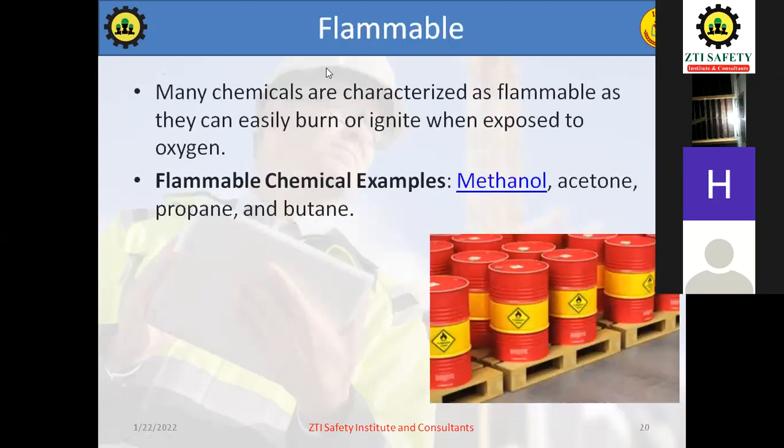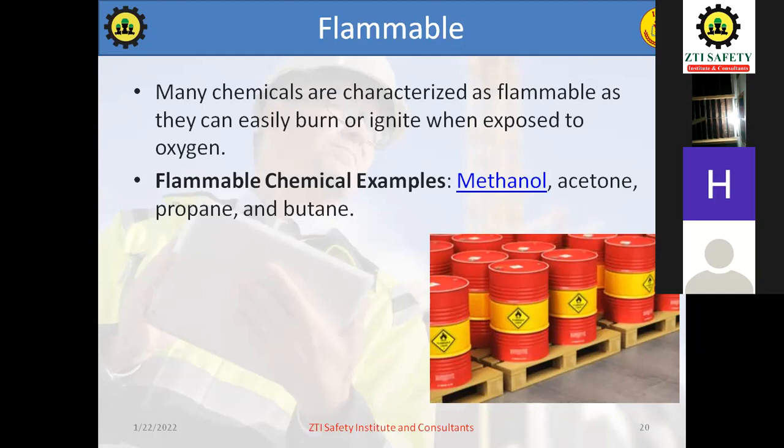Then we have the flammable category. Flammability is a physical property of chemicals which have a flash point. If the chemical is exposed to the ambient environment, or kept in inappropriate storage conditions, it can undergo flammable reactions.